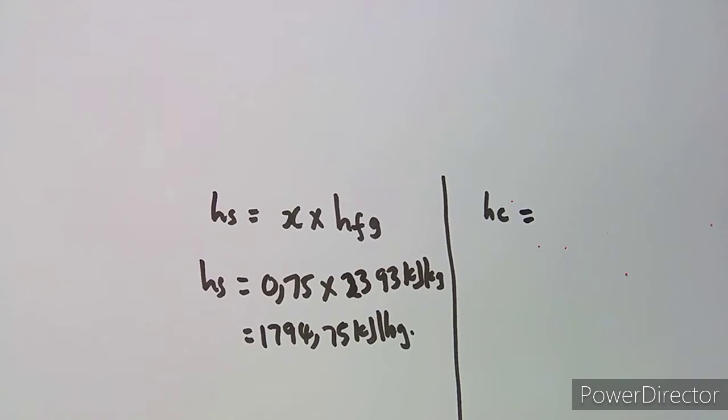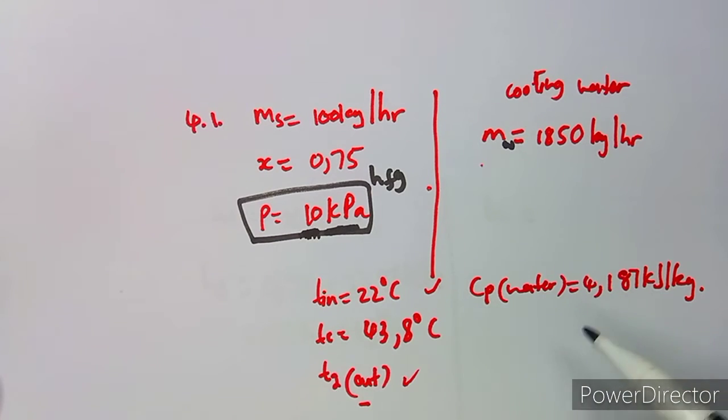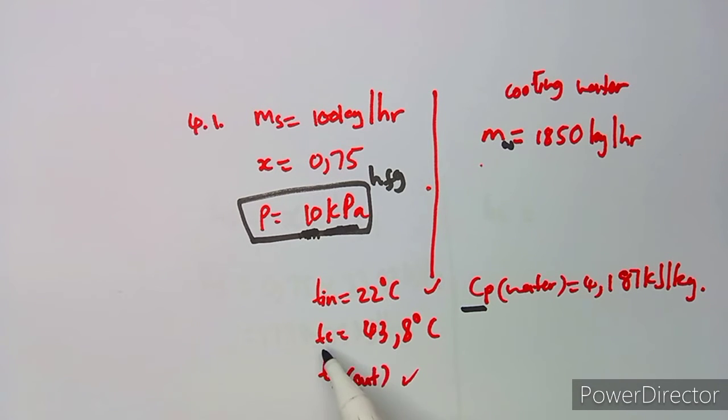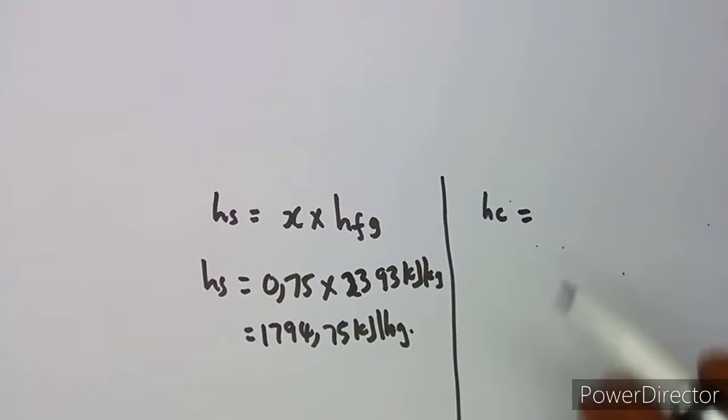Remember, we have our specific heat capacity for water, which is going to affect our condensate, and the temperature. We are told that these operate at the same temperature, which is Tc, 43.8 degrees Celsius.